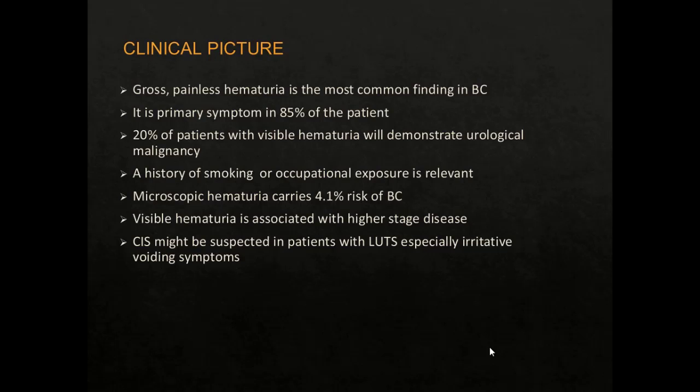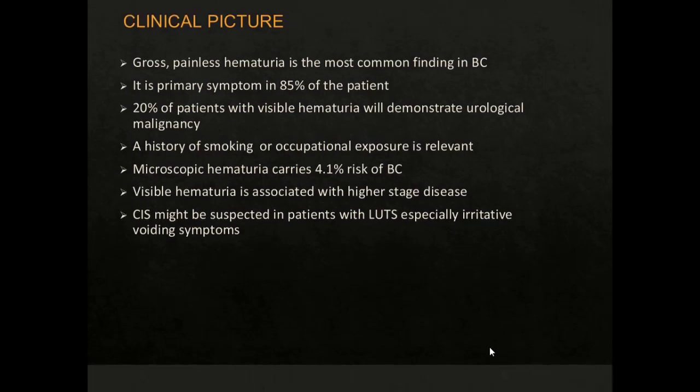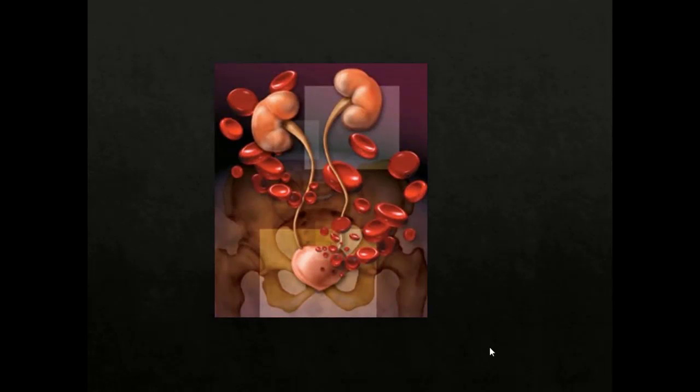Maybe there is microscopic hematuria associated with LUTS, especially irritative voiding symptoms such as frequency, dysuria, or urgency. So any episode of gross hematuria, even if subsequent urinalysis is negative, should be evaluated.